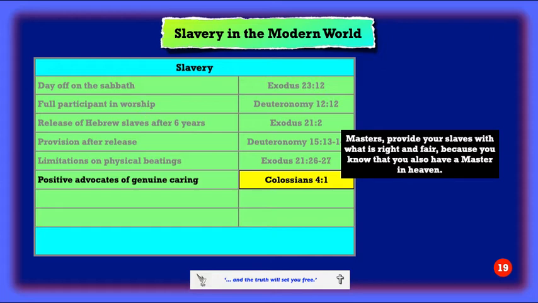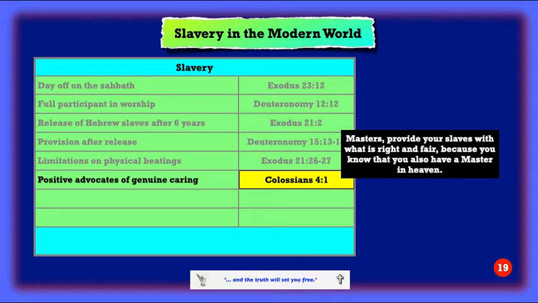It accepts that slavery may be there. People came to follow Jesus who owned slaves. What were they to do with them? There's Paul's instruction. Treat them rightly and fairly. Don't exploit them.